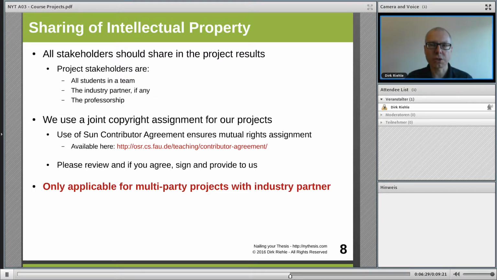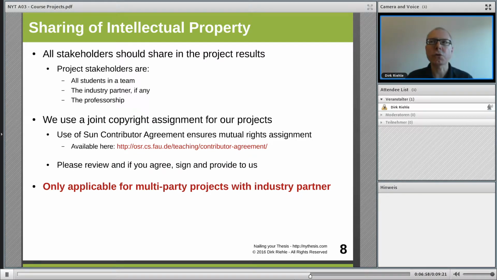So under such circumstances, we will ask you to sign a contributor agreement in which you give us, give the professorship, give me a so-called relicensing right, which means I can tell the company which provided the data and idea that they can use the results of your work. It will still be your work and your results, and you own the rights to it.